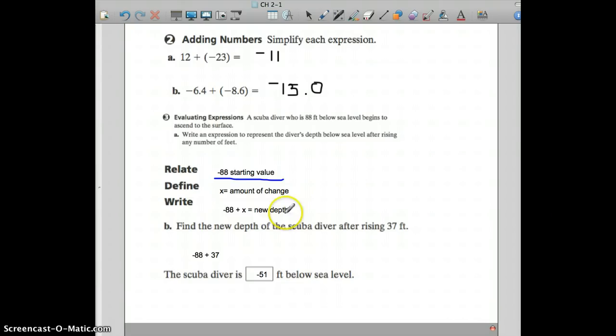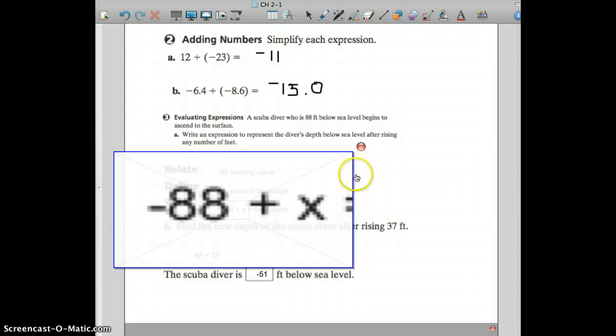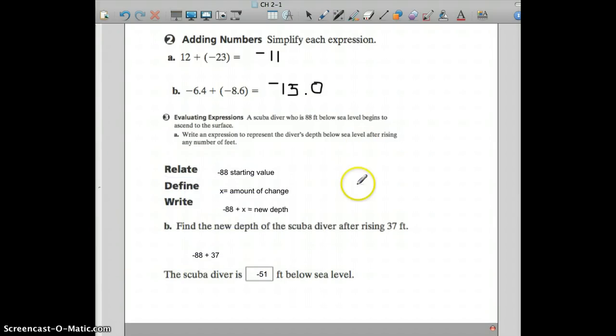We're then going to add the amount of feet he rises as he starts his ascent. So we have -88 plus x. That will allow us to find the new depth.